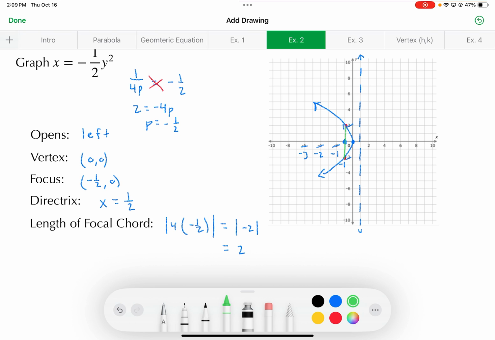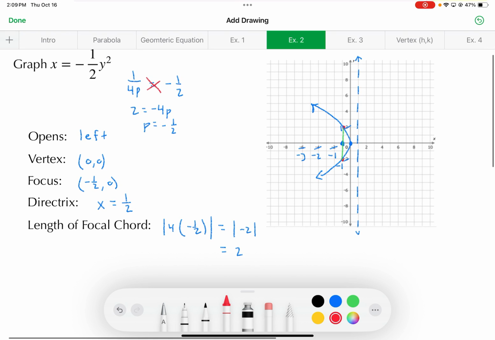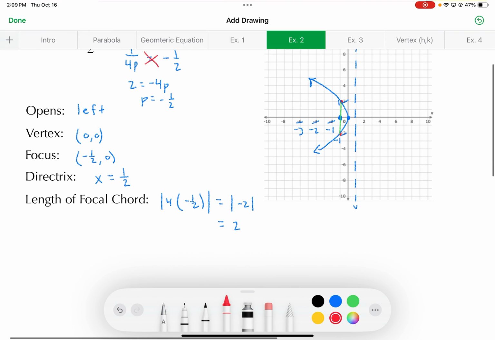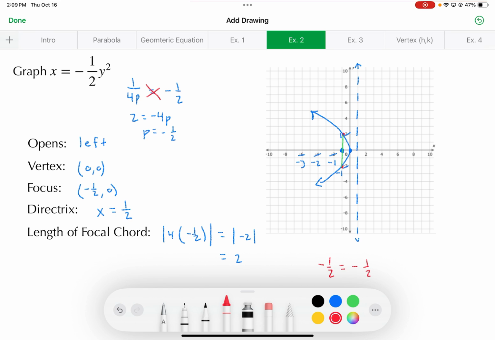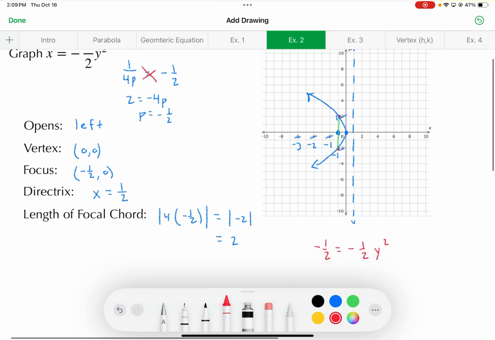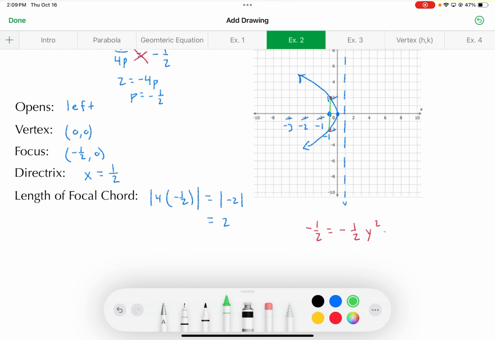All right, now once again, I can verify those 2 points that I just plotted for the focal chord. They have the same x coordinate as the focus. So if I were to plug -1/2 in for x into the equation, I would multiply both sides by -2.